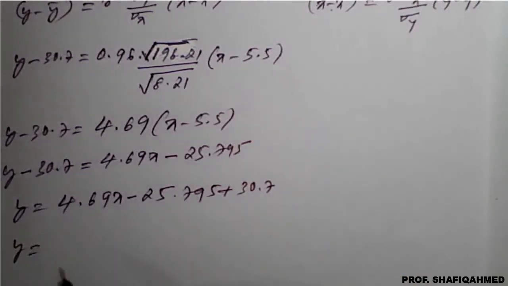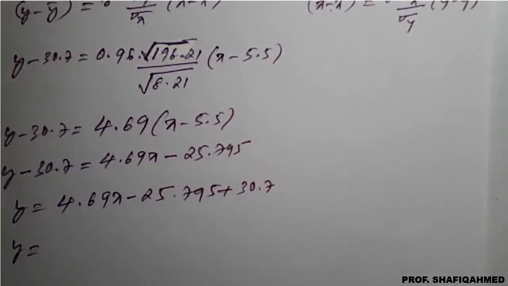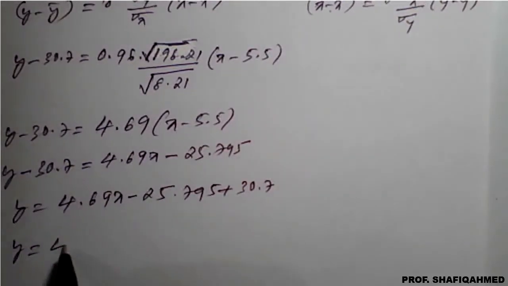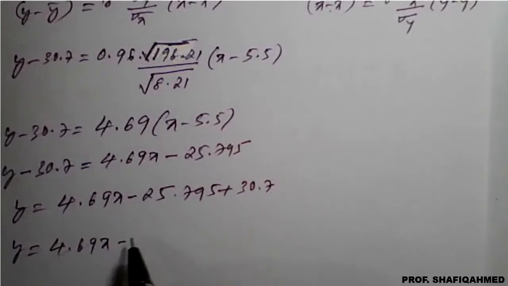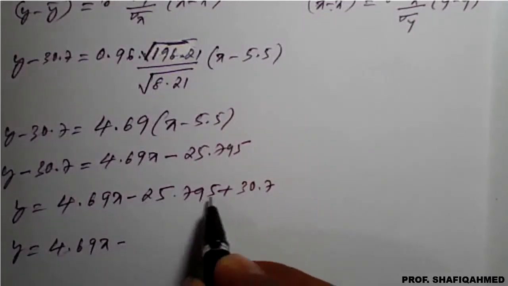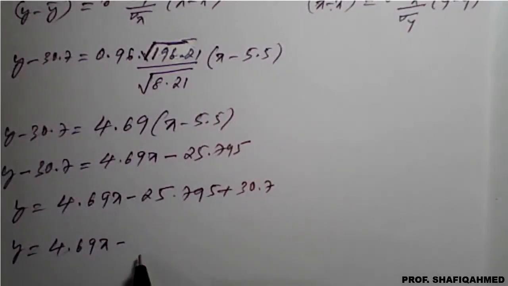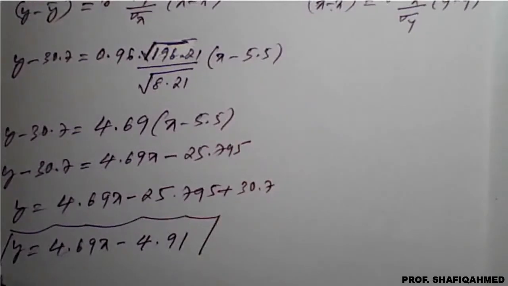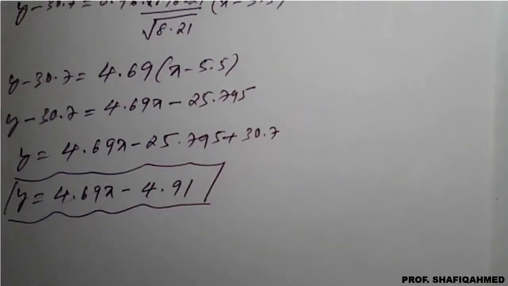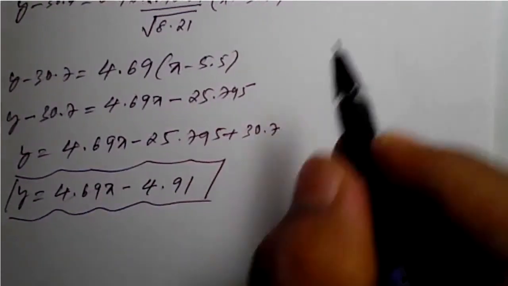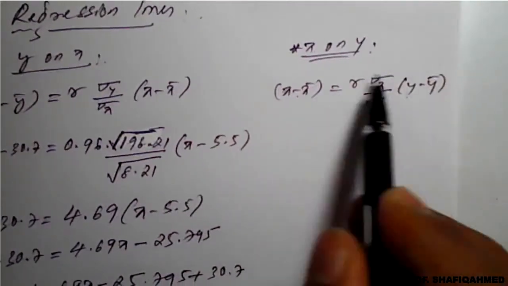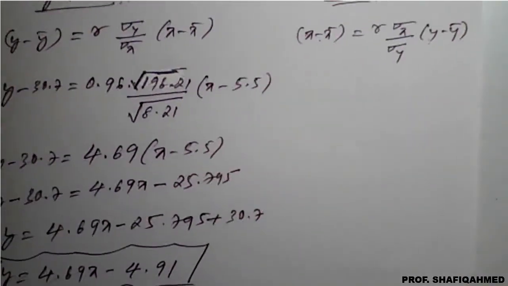So we'll get 4.69x minus 25.795 plus 30.7, and if you take two decimals, it will become 4.91. So this is the regression line y on x.